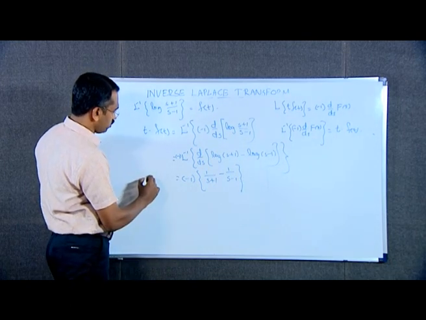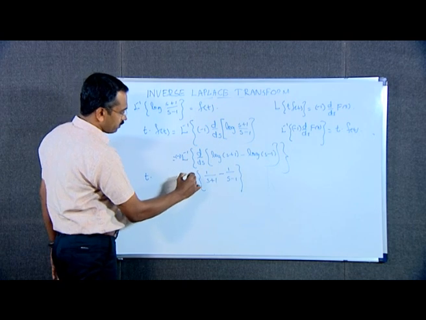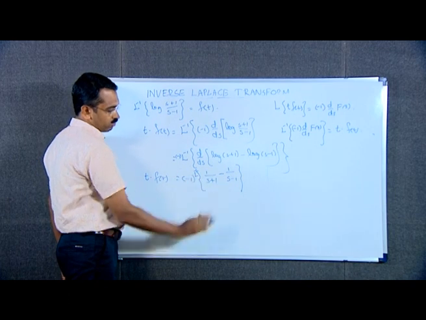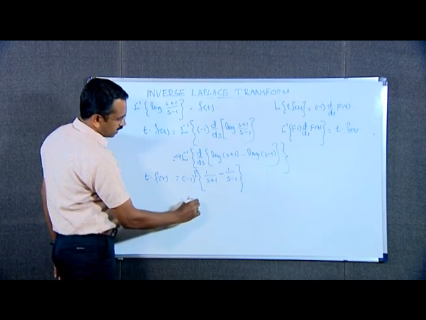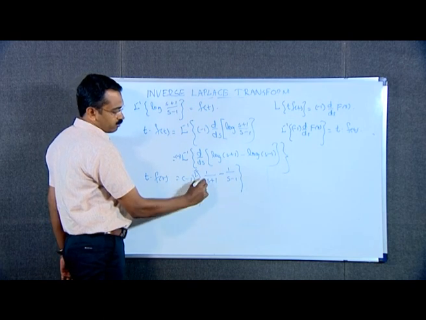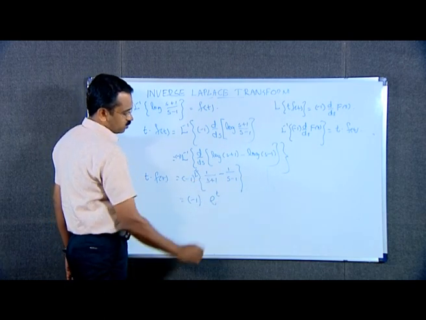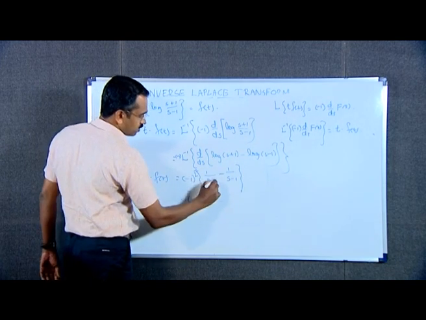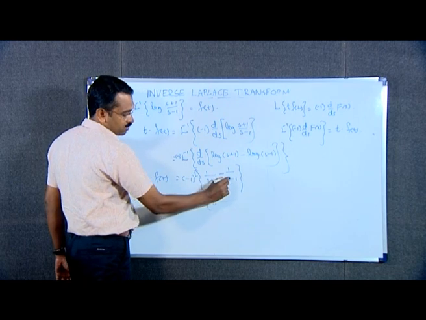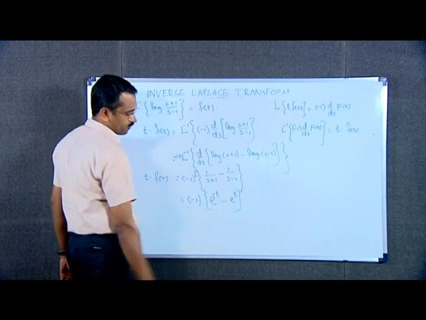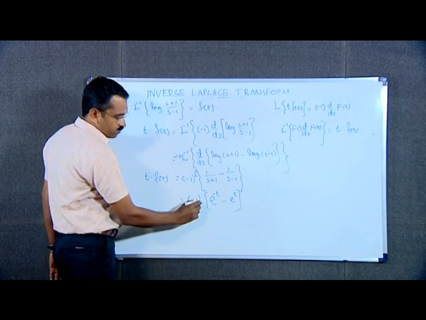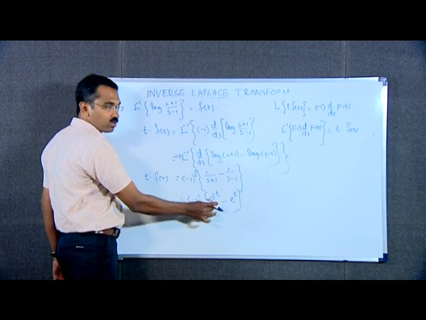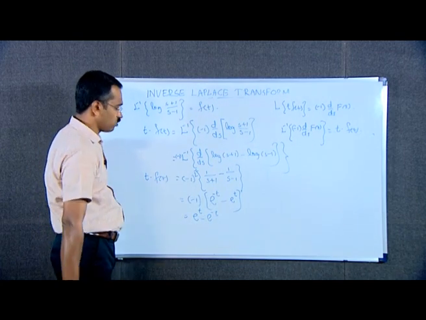That is t into f of t equal to minus 1 into L inverse of this, that is equal to minus 1 into L inverse of 1 by s plus 1 is e raised to minus t, minus L inverse of 1 by s minus 1 is e raised to t, that is equal to e raised to t minus e raised to minus t. Minus 1 into this means e raised to t minus e raised to minus t.